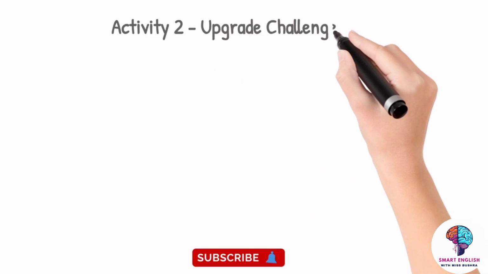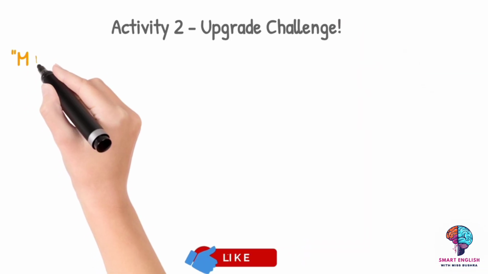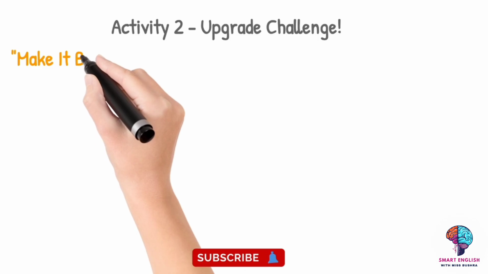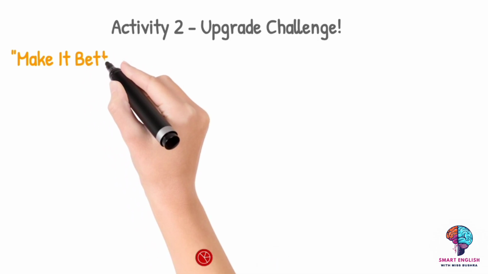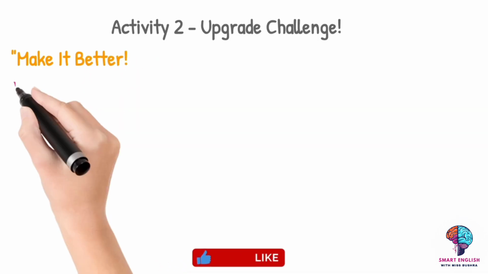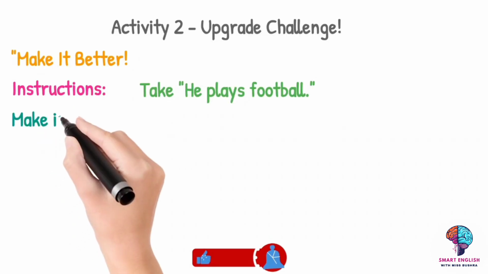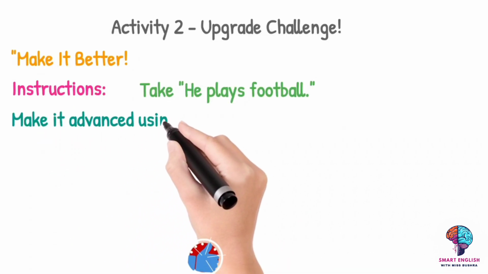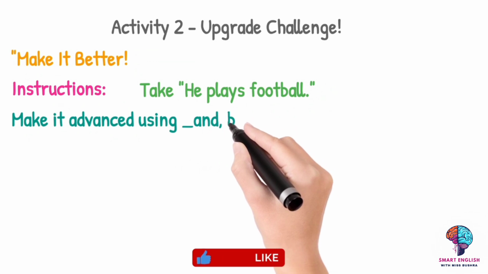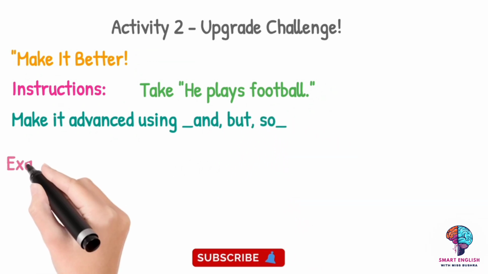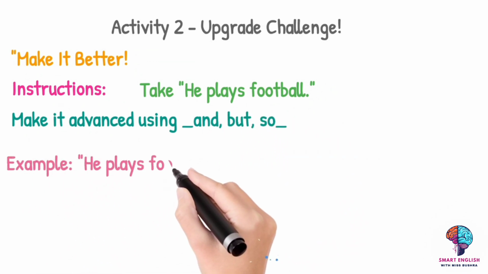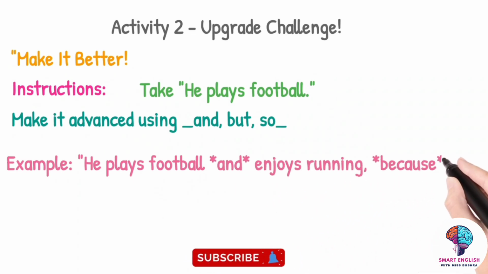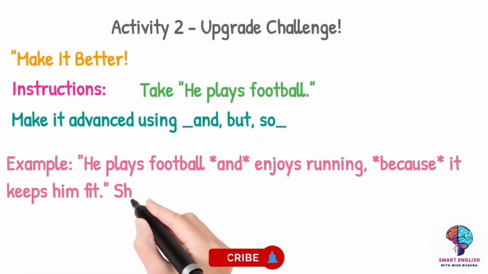So here in activity number 2, let's upgrade, challenge. By the way, students, these are the activities that you are supposed to use for enhancement. Likewise, if you are also teaching English and attending my lectures, you can use the activities that I have created for your students, right? Make it better. Instructions: take, he plays football.